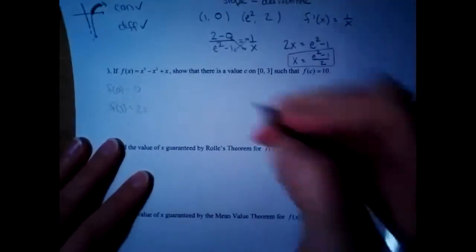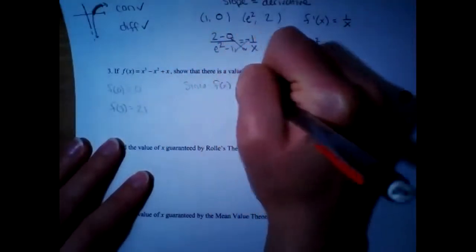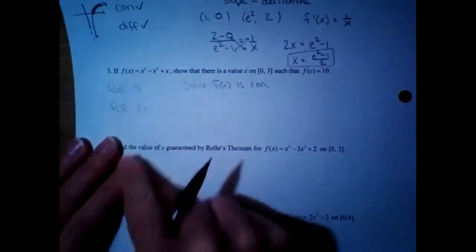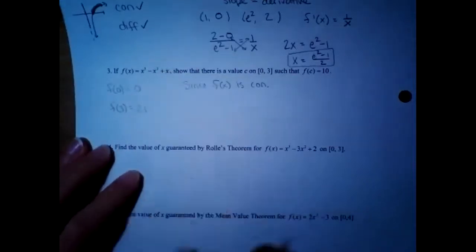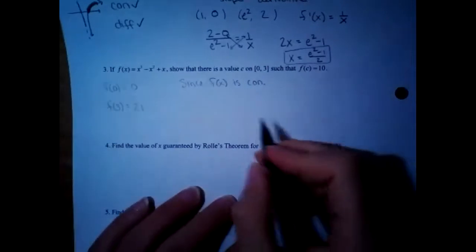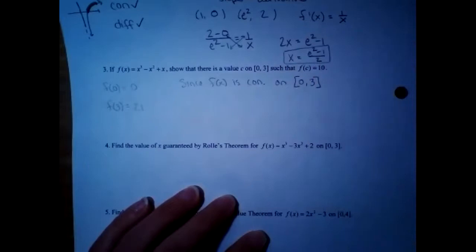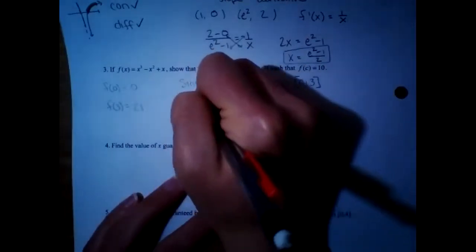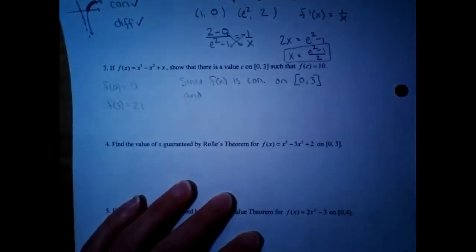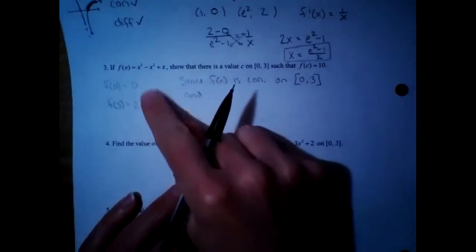All right, so we are going to say, since f of x is continuous, and it's a polynomial, a cubic function is going to just wiggle. That's going to be continuous. There aren't any asymptotes or poles or anything in that. So since f of x is continuous on 0 to 3, and now here, you can word this however you want. You have to say in some capacity that 10 is between these other 2 values.